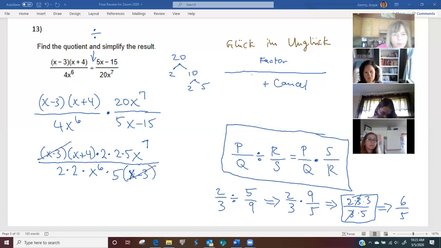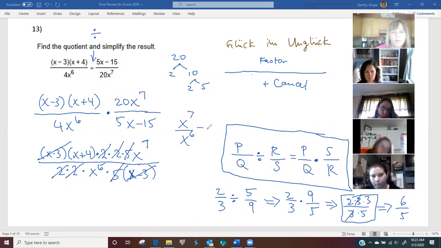Upstairs, downstairs, cancel, cancel. Upstairs, downstairs, upstairs, downstairs. And then you have to deal with, what is x to the 7 over x to the 6, you know? That's just x technically upstairs, yeah, right?